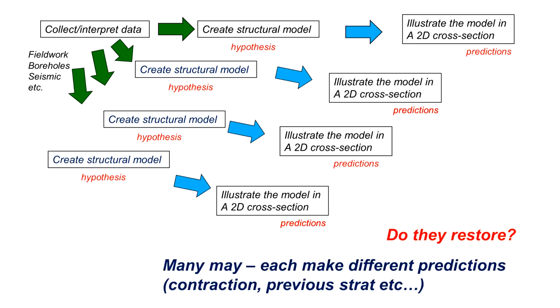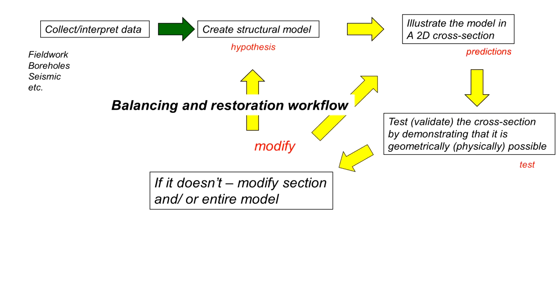So many different structural models and cross-sections may balance, but they make different sets of predictions for contraction, previous stratigraphy, and structural geometry.